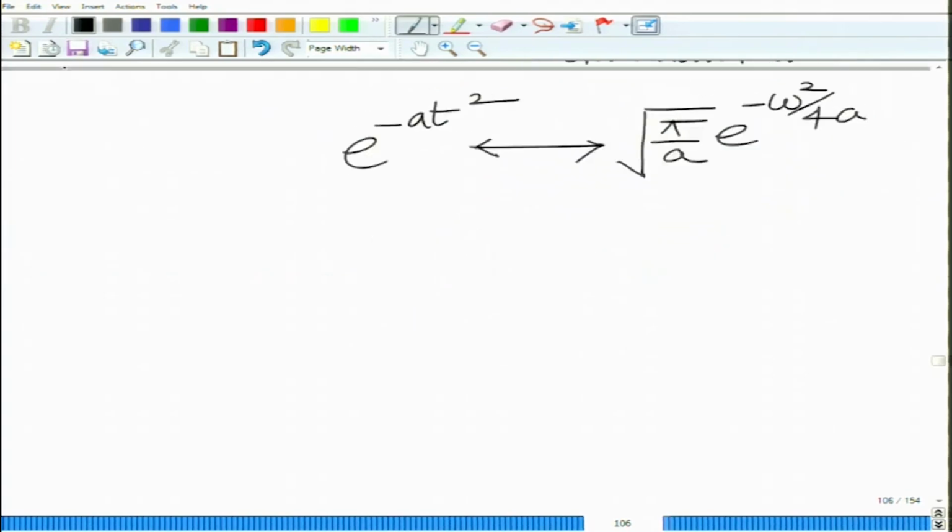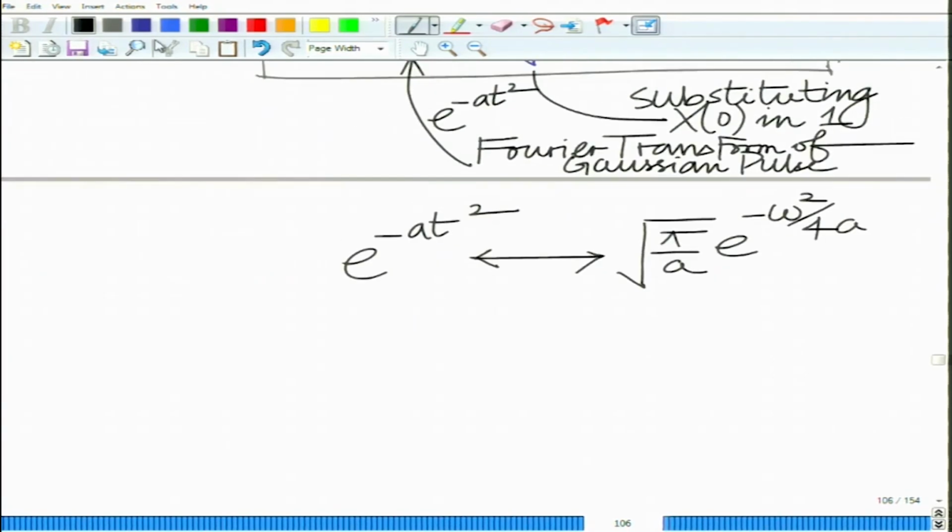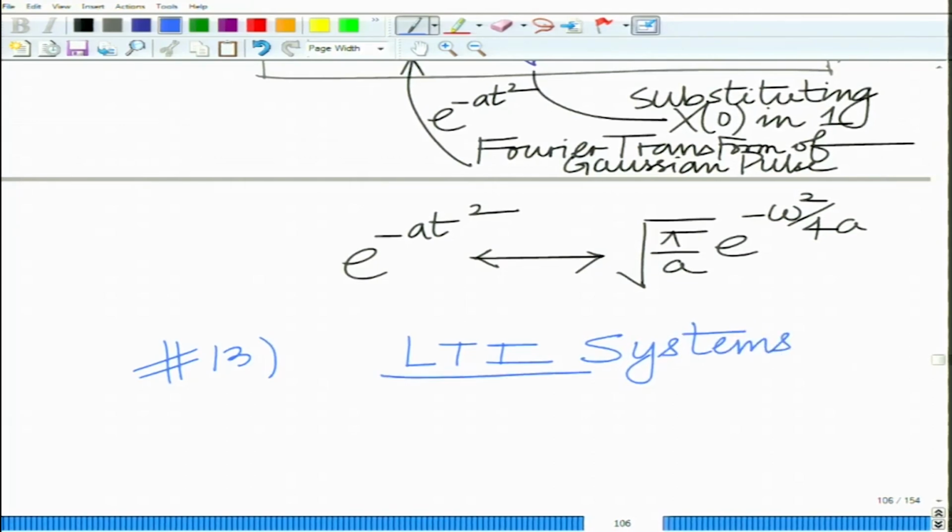Let us now look at the next example, example number 13. We come now to LTI systems, the applicability of the Fourier transform in the analysis of the properties and the behavior of LTI systems.